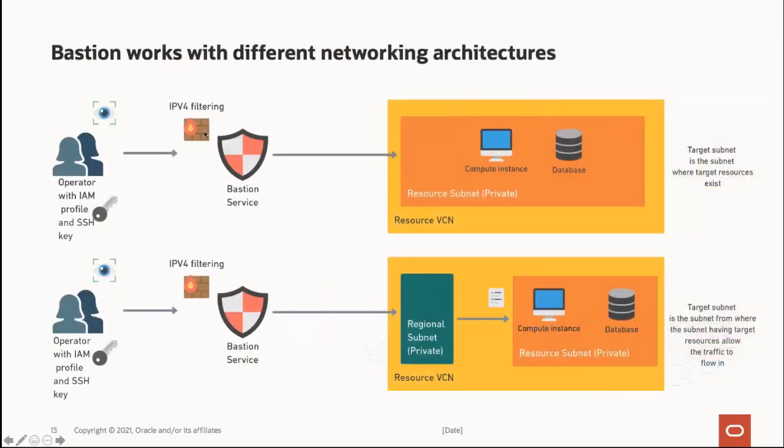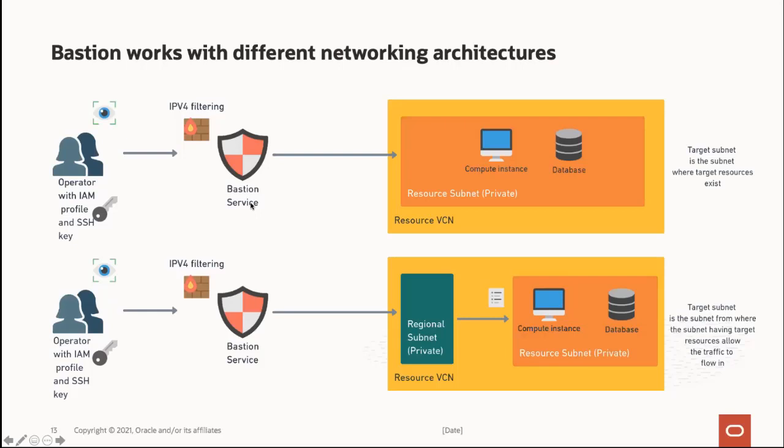Of course, as I said, the service is generic enough to work with different kinds of networking architectures. So, in the demo that Srujan showed, when you create the Bastion service, you choose a VCN and a subnet.